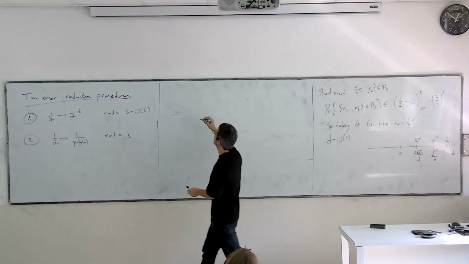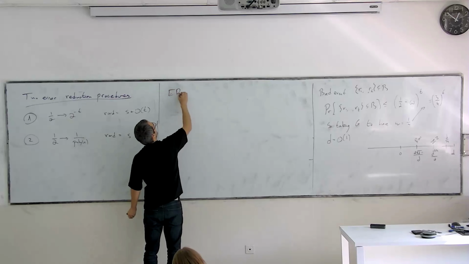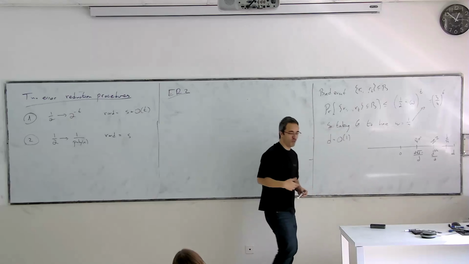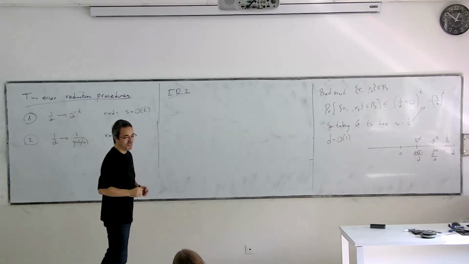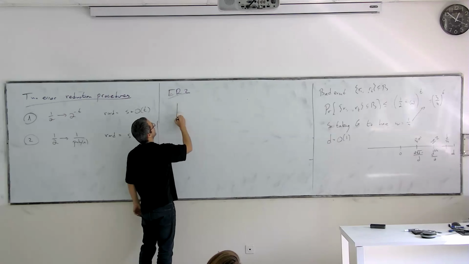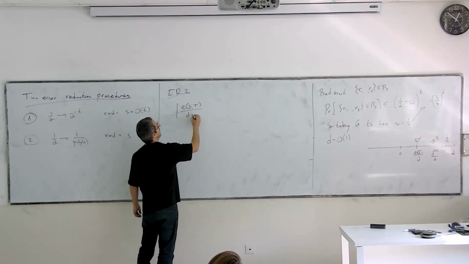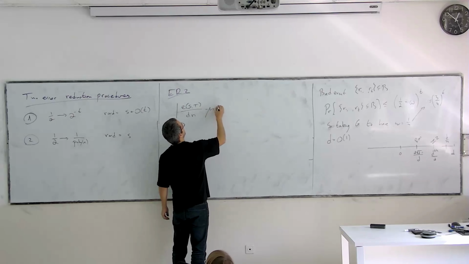So the second error reduction will actually help you a little bit in the homework. In the homework, what we showed was the expander mixing lemma, just to tell you a bit about it.